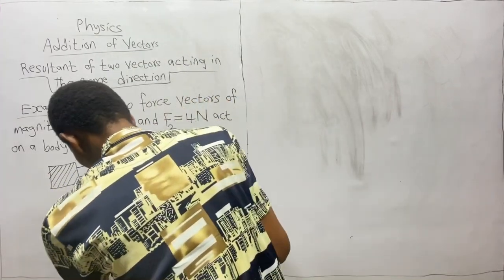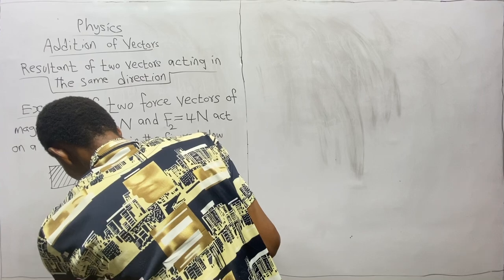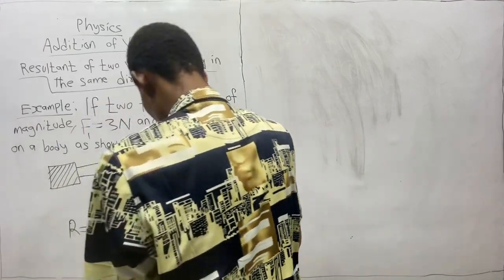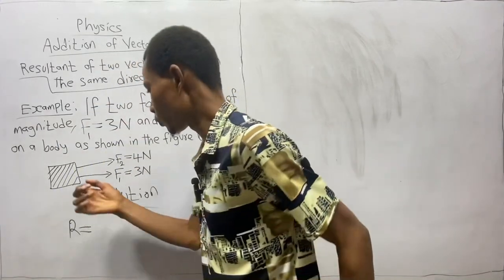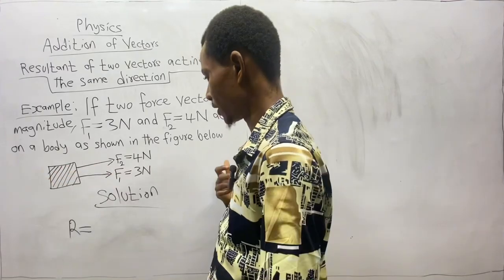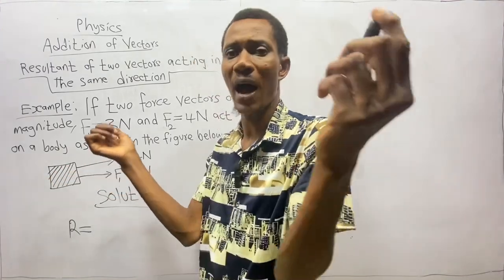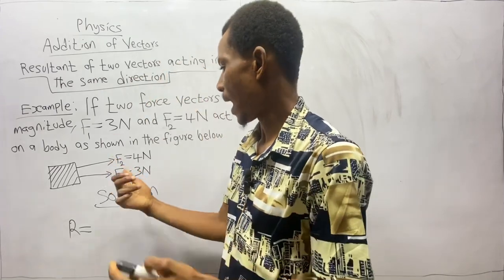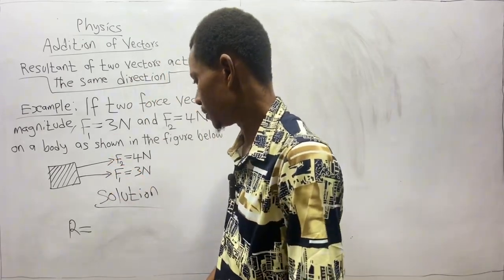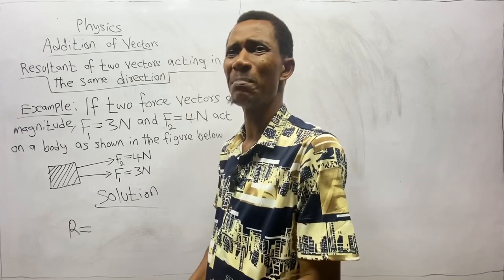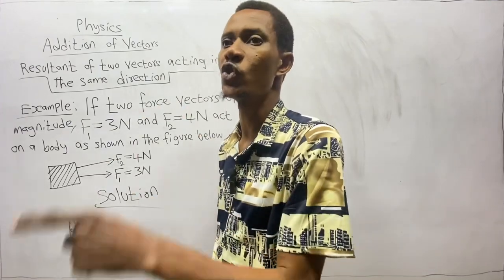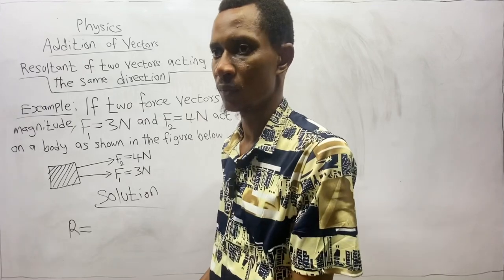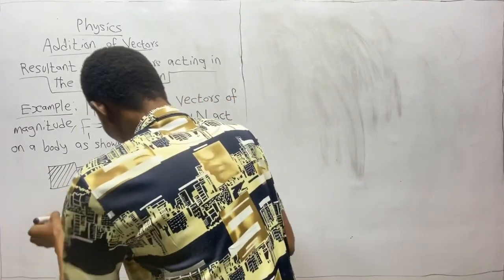To get the resultant, let's write the resultant as R. R will be equal to, so to get the resultant of two vectors acting in the same direction, you add the two vectors together. So if you add these two vectors together, the answer you get becomes the magnitude of the resultant vector. So look up. This becomes what?